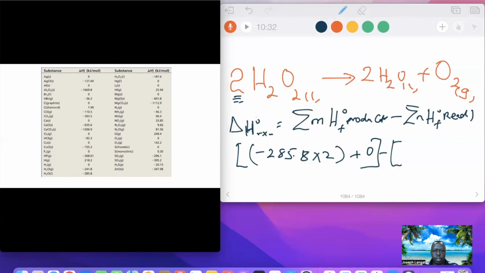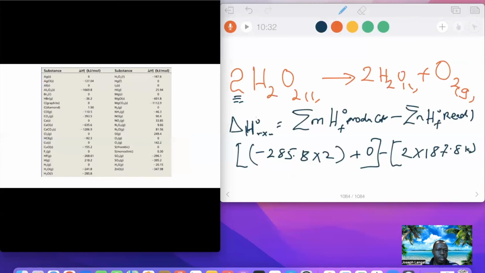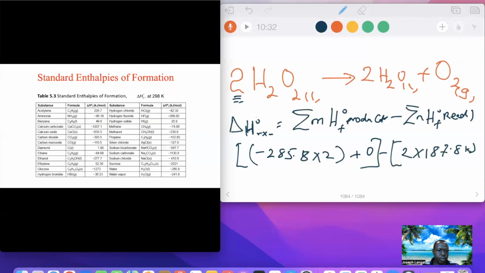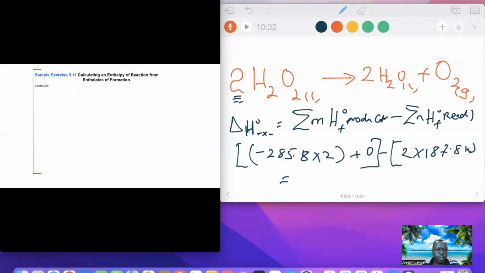This is negative 187.8, 2 times 187.8 kilojoules. That's for peroxide. That is the standard enthalpy of formation for peroxide. And with this, this will give us the enthalpy of formation for this.